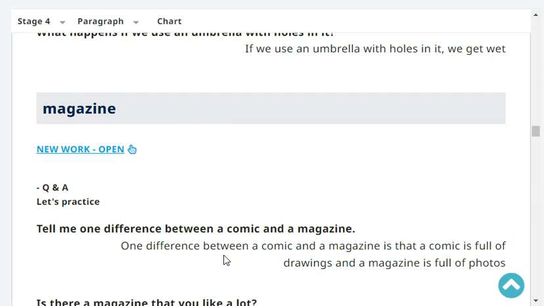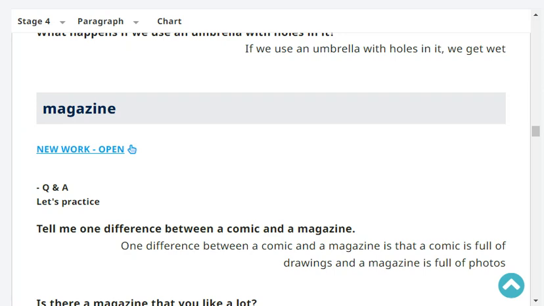One difference between a comic and a magazine is that a comic is full of drawings, and a magazine is full of photos.